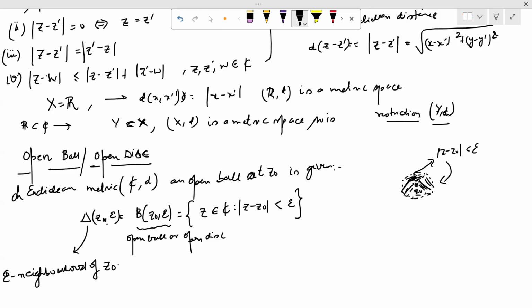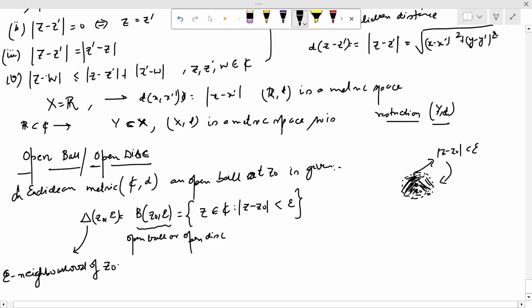Whenever I'm going to talk about a neighborhood of z naught, I would mean an open ball containing the point z naught with a certain radius, here defined as epsilon. So whenever I say, let us define an epsilon neighborhood of z naught, I would mean an open ball around z naught with a radius epsilon, and this is how we are going to visualize it.